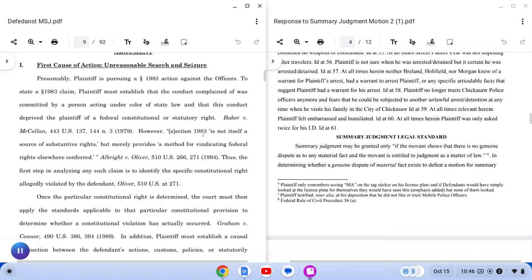However, Section 1983 is not itself a source of substantive rights, but merely provides a method for vindicating federal rights elsewhere conferred, so on and so forth. See how they're citing their authority for saying what they're saying? That's how you have to do it. Thus, the first step in analyzing any such claim is to identify the specific constitutional right allegedly violated by the defendant.